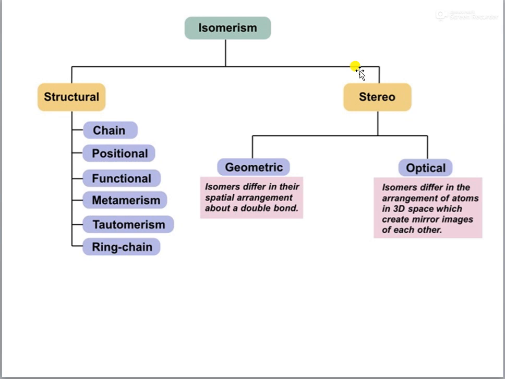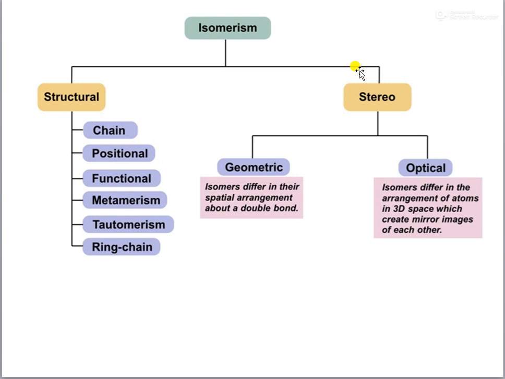That is, in carbohydrates, if you have two atoms which are attached by a double bond, and if there is a difference in the spatial arrangement across these carbon-carbon double bonds, then you call them geometrical isomers. Now, considering the optical isomers.